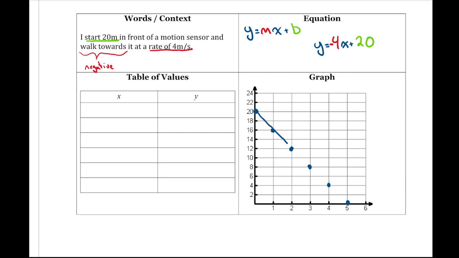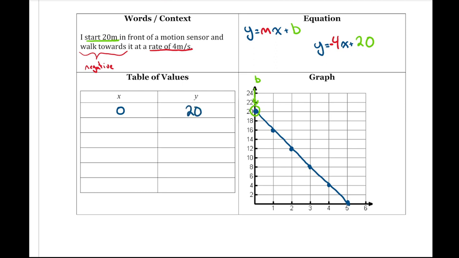And again, if I draw a straight line, that looks like what moving towards a motion sensor looks like based on our previous lesson on movement. We can again see that b value, that y-intercept where we start, and now we can take those points and plug them into our table of values.